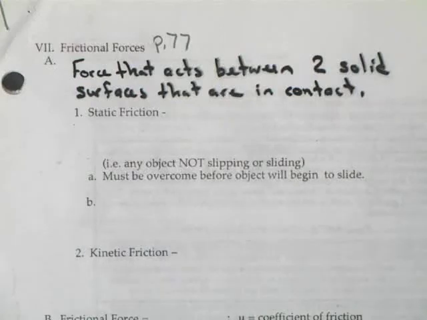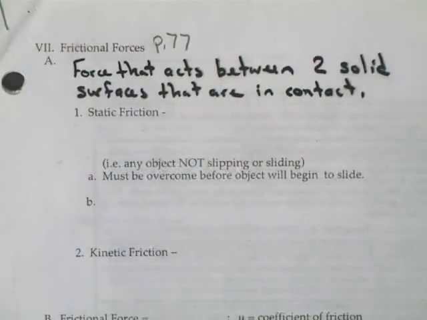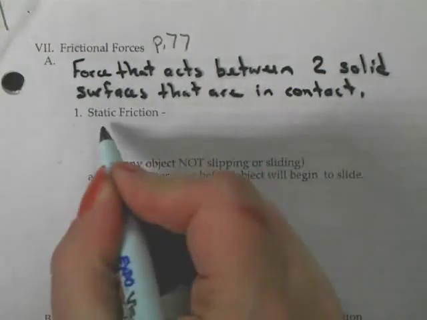Those two types of forces are called static friction and kinetic friction. Static friction is the larger of these two forces. It's the force that acts between two surfaces that are stationary to one another.